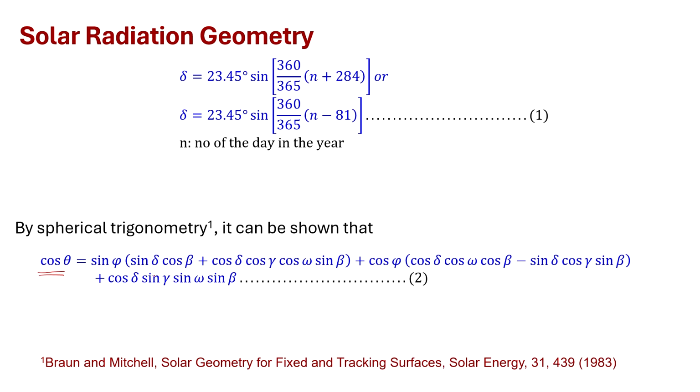Cos theta is a function of phi, which is the latitude, delta, which is the declination angle, beta, which is the angle between the surface and horizontal, gamma, which is the surface azimuthal angle, and omega, which is the hour angle that we discussed, that depends upon the time of the day.